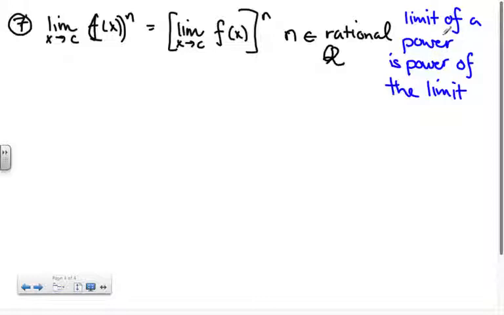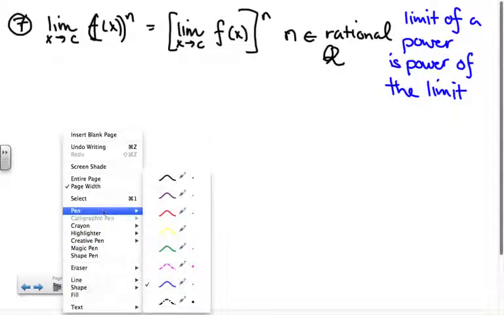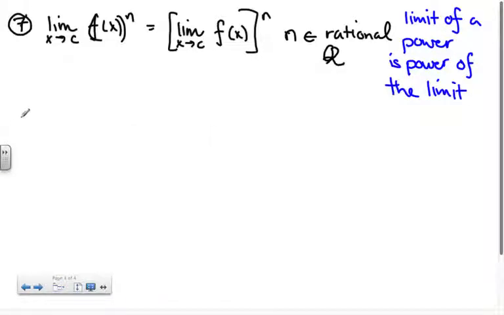I'm combining everything into one kind of theorem. So that you have two more limits to cover in this. 8 is a limit of a polynomial function.